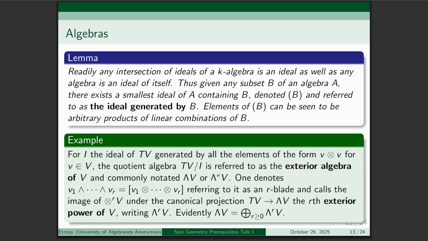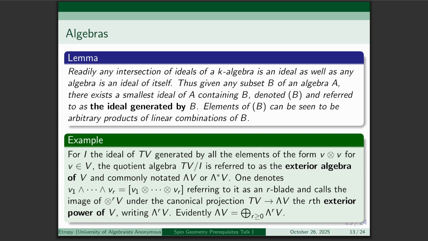Now, in the tensor algebra, we have various orders or degrees of tensors, and we have the elements of the corresponding tensor powers of the vector space. If we take the image of these tensor powers under the projection from our space into the quotient, we get what we define as the exterior powers of our vector space.